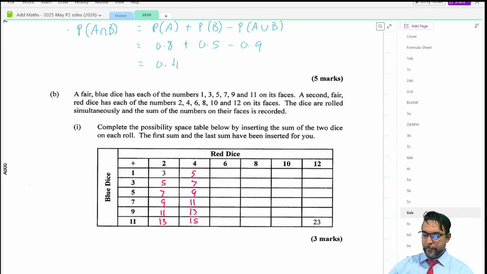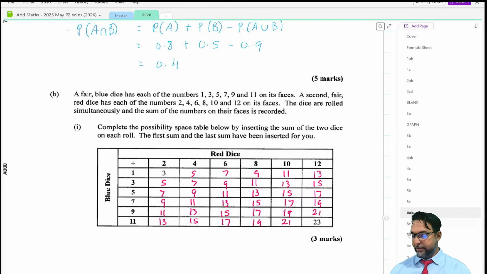It's some tedium here, but it's easy marks, so let's not complain. Right, I think that should be sufficient there.